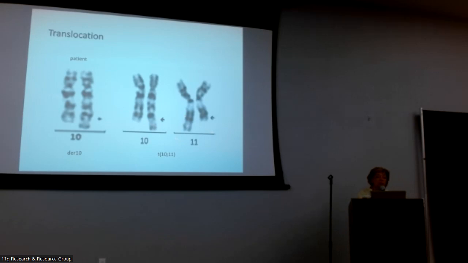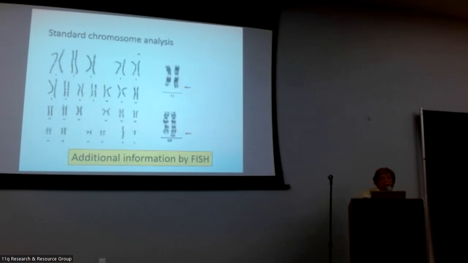So you are sure that this is a piece of chromosome 11, because you see it from the transmitting parent. And if you use only standard chromosome analysis, you see a longer chromosome. Could be an 11, could be another chromosome. You cannot be sure where this piece comes from.